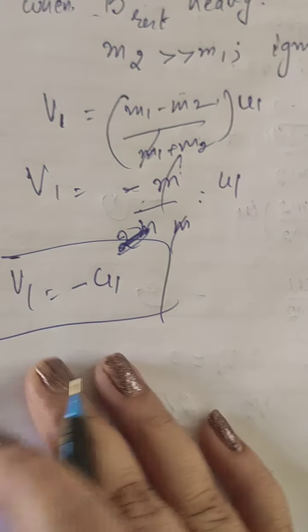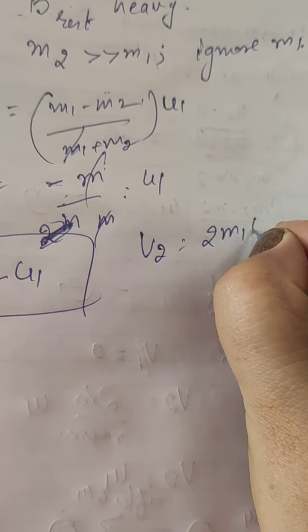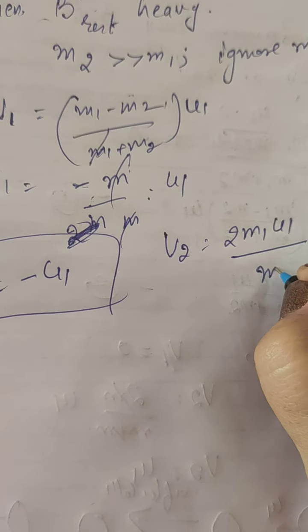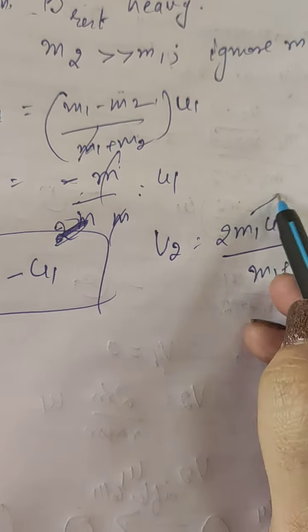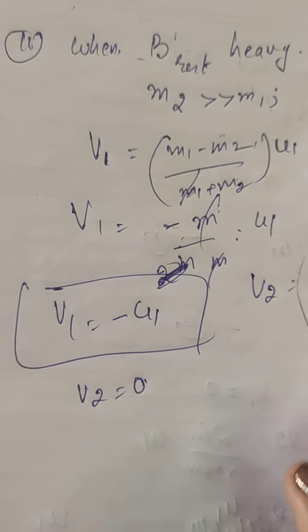And the second expression for v2 was 2m1 u1 divided by m1 plus m2. Now if we neglect m1, it becomes equal to 0. So v2 is equal to 0. What does it mean?